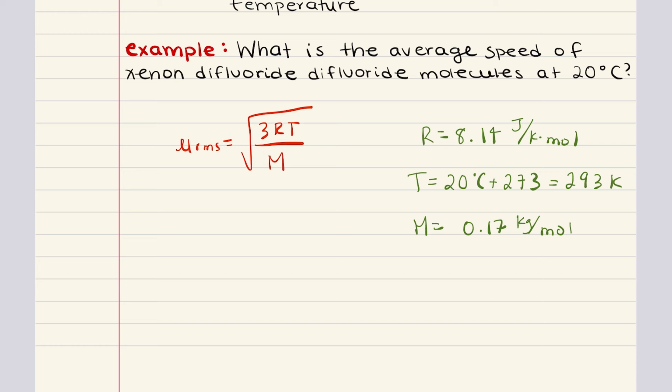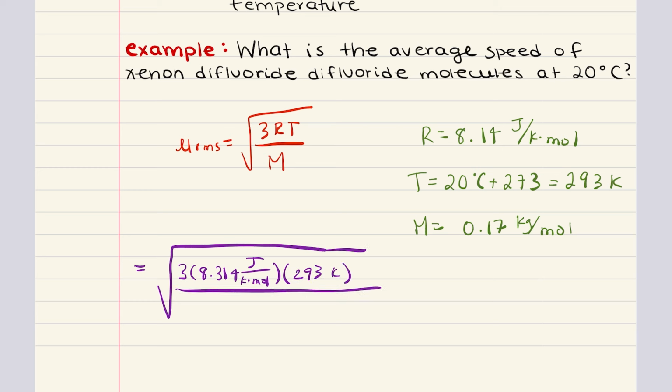Now let's go ahead and plug things back into our expression and start approximating numbers so that our calculation is easy without using a calculator. What we're going to get is the square root of 3 multiplied by 8.314 joules per Kelvin times mole multiplied by temperature, which is 293 Kelvin, and that's going to be divided by our molar mass, which is 0.17 kilograms per mole.